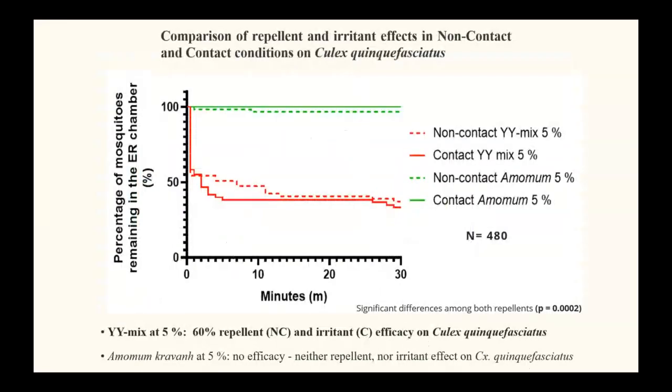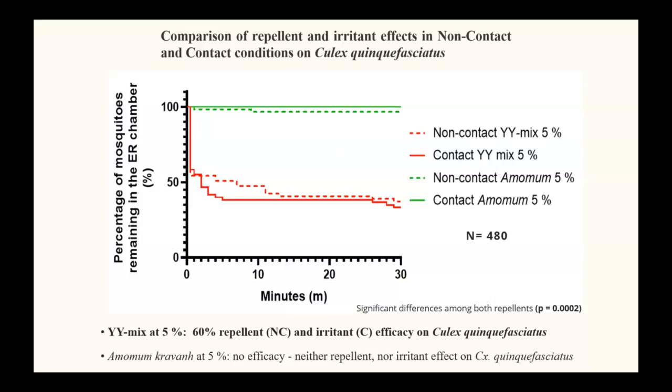Here you have the comparison of repellent and irritant effect in non-contact, the one in discontinuous gray, and the plain for the contact condition, on Culex fasciatus. This graph is a little bit different because you have the percentage of mosquitoes that are remaining in the chamber on this axis.